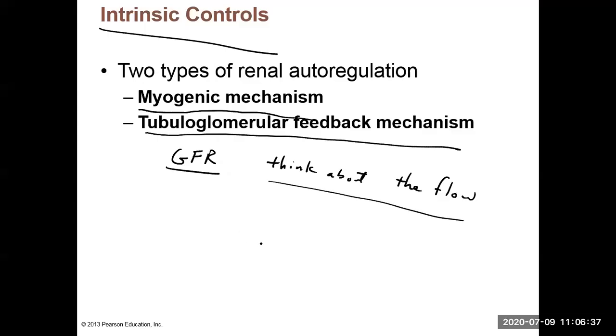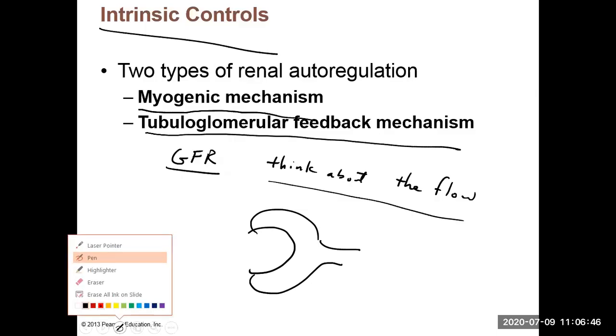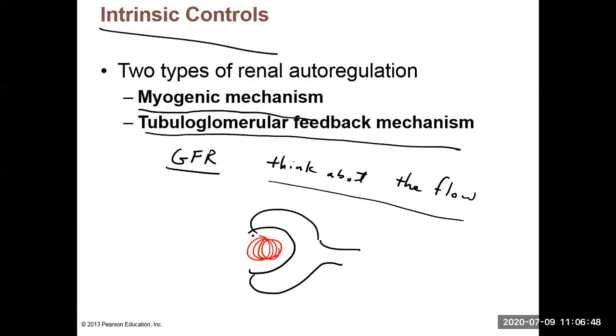All right. And here you have the Bowman capsule at this point in time, part of the nephron. And over here, we mentioned you have the glomerulus right over here, but here is the afferent arteriole that is important right here. And they have the smooth muscles in here.